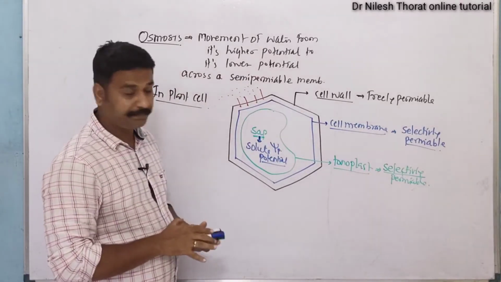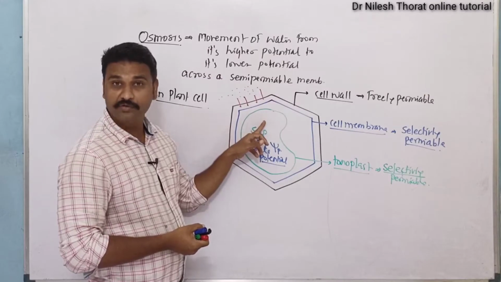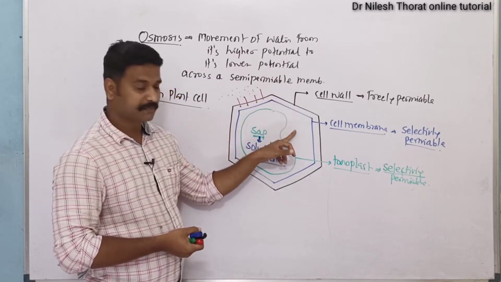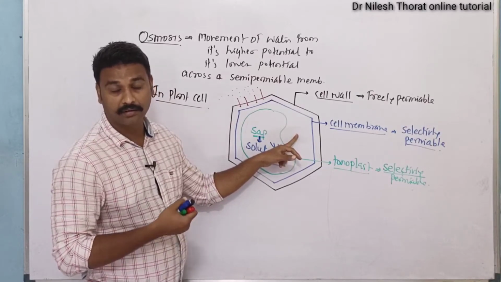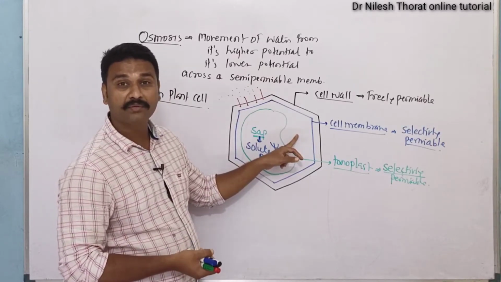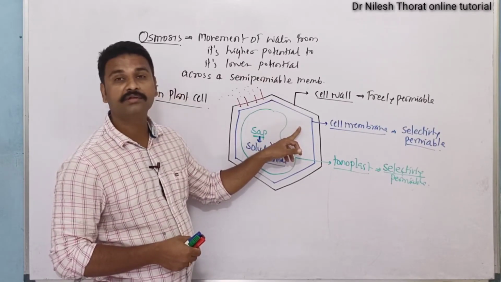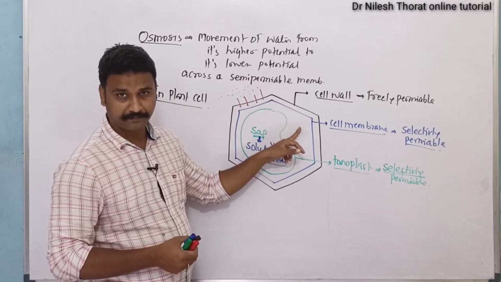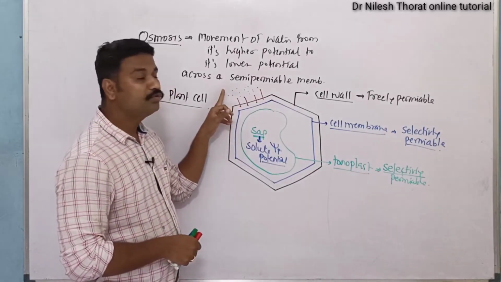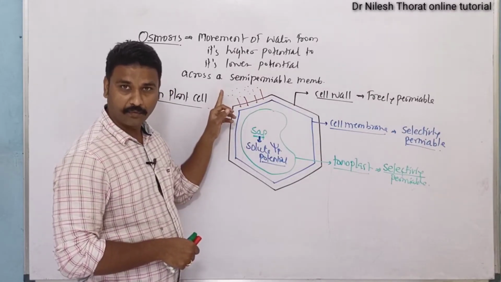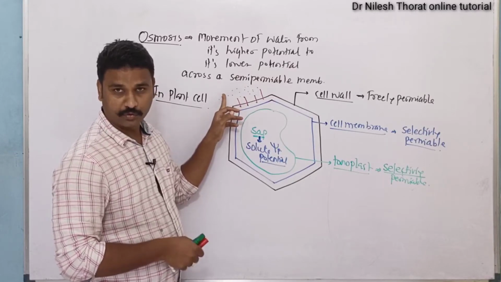Due to this solute potential, the water potential inside the vacuole is lower compared to the cytoplasm. The cytoplasm is not a pure solvent, or a cytoplasm will not have the pure water. It is also in the form of solution. So here also the solute potential is negative and the water potential is also negative. Now outside there is a pure water, or let's suppose solution of dissolved solutes.